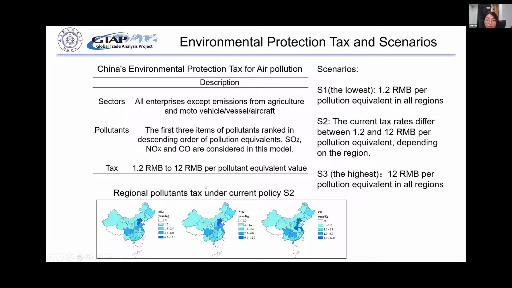Scenario two is the current policy, where different regions have different tax rates. We can see in this figure that the Jing-Jin-Ji area has the largest tax rate. Scenario one is the lowest tax rate in our regions, and scenario three is the highest tax rate in our regions.